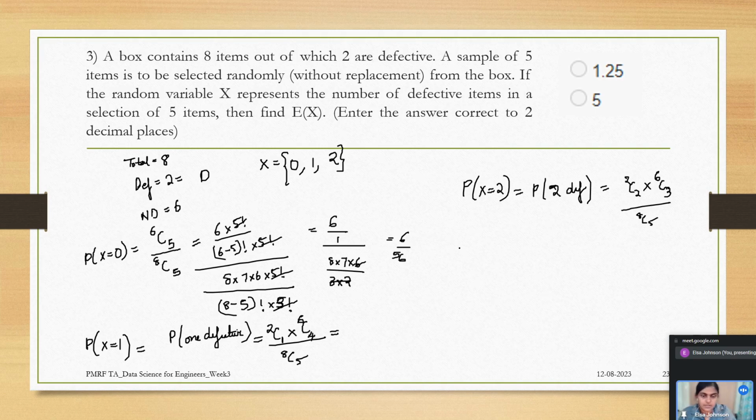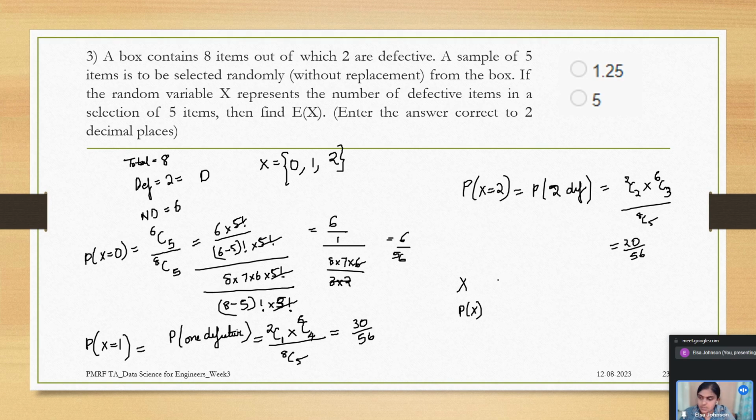Now if anyone has calculated this one? Okay, anyone? Anyway, it will be coming around 30 by 56. Just check with your answer. And this one, let me see how much it is. Yeah, 20 by 56.